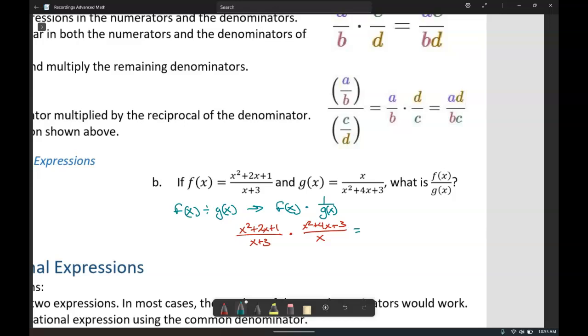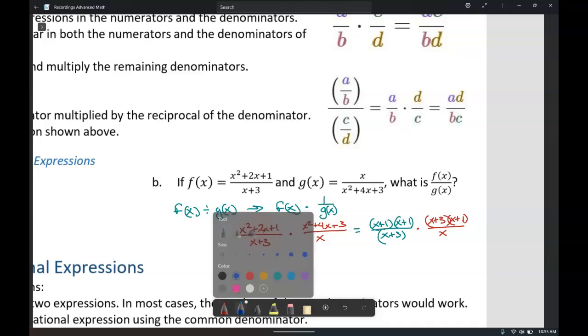So here we have x plus 1 times x plus 1 over x plus 3. And our second fraction factors to be x plus 3 times x plus 1 over x. And then what we want to do again is look for a common factor. We can essentially just treat this as one big fraction now, like we did before.